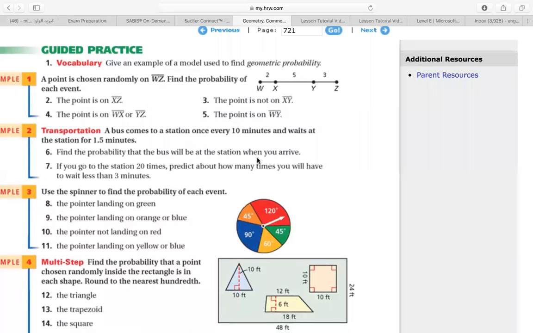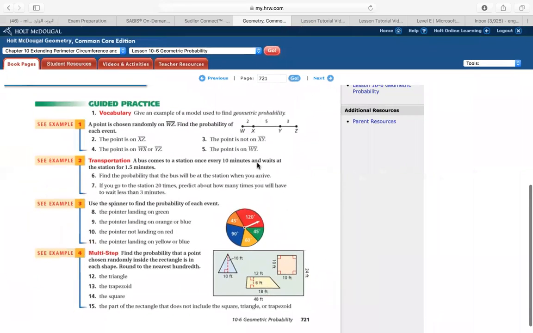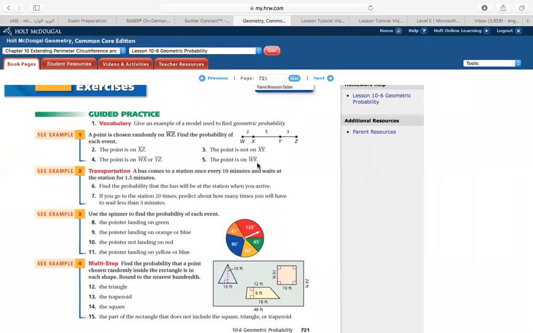Okay, girls, now we have the page of the exercises, page 721. If we look at exercise 4, find the probability that a point chosen randomly inside the rectangle is in each shape. Round to the nearest 100. As we see, we have 3 shapes.